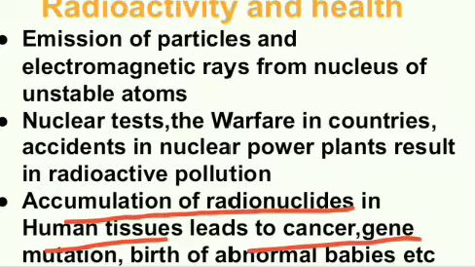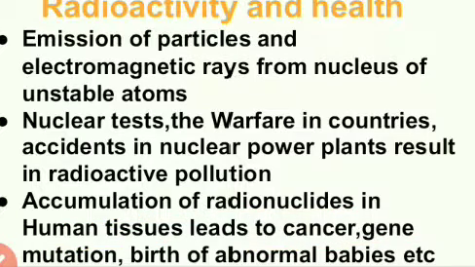So these are the effects of radioactivity pollution. These kinds of problems were seen in Japan after the nuclear attack of Hiroshima and Nagasaki. So radioactive pollution is also dangerous when different accidents occur in nuclear power plants. So this is all about radioactivity and health.